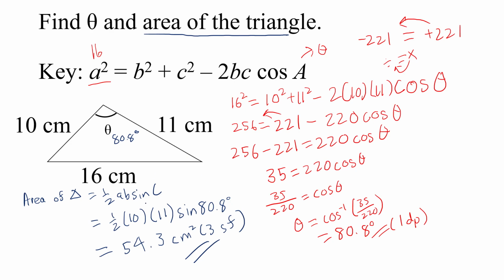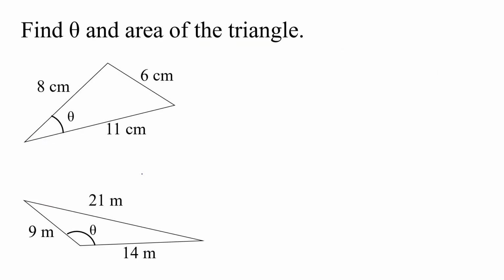So just apply what we have learned earlier. The A as well as B is here. Then just sine the included angle. Please copy down this example because you will need it to try out these 2 questions. Very simple.